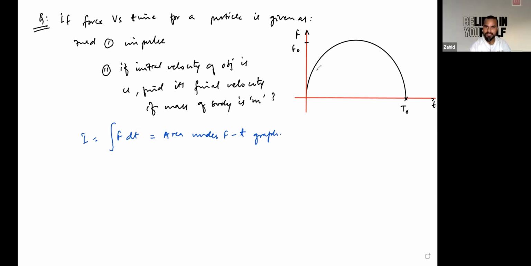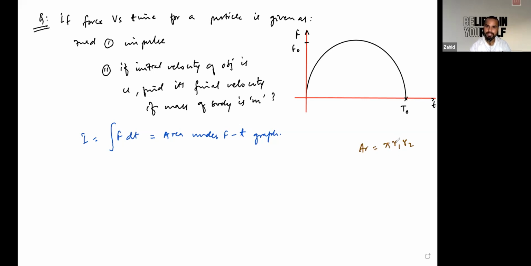Now we have to find the area of this particular curve. In the third chapter, I explained that if you have to calculate the area of any curve, whether it is a circle or an ellipse, its area would be pi times R1 into R2.